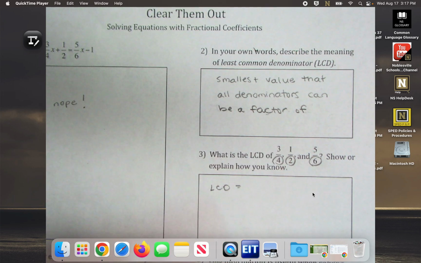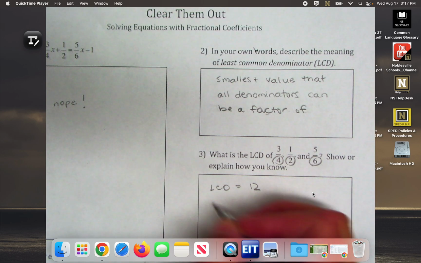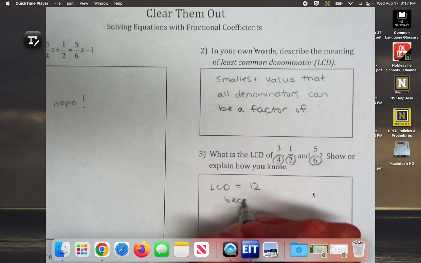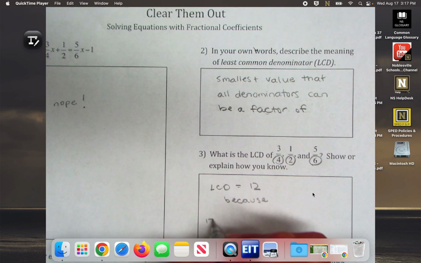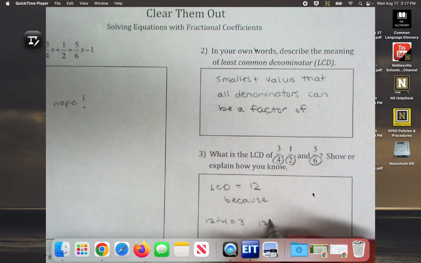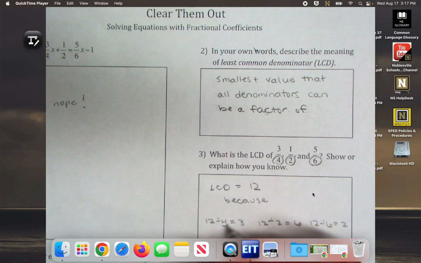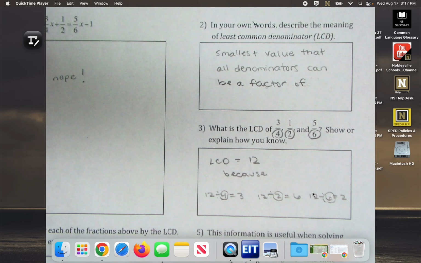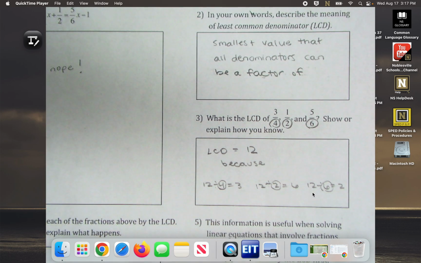So they can all go into 12, because 12 divided by 4 equals 3. 12 divided by 2 equals 6. 12 divided by 6 equals 2. Common denominator, right? Not least common. So this is the least common denominator, meaning the smallest value that all of those denominators can be a factor of.